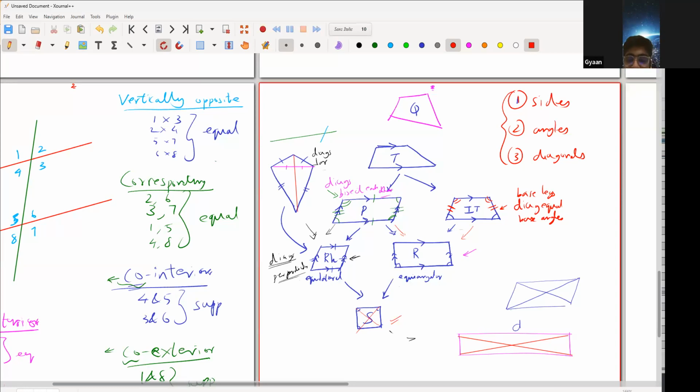Very good. But then the follow-up question was, does it necessarily have to be a square, or in a normal isosceles trapezium, could the diagonals be perpendicular? Excellent. Very well repeated, Jan. So in an isosceles trapezium, can the diagonals be perpendicular without it being a square? That's the question.